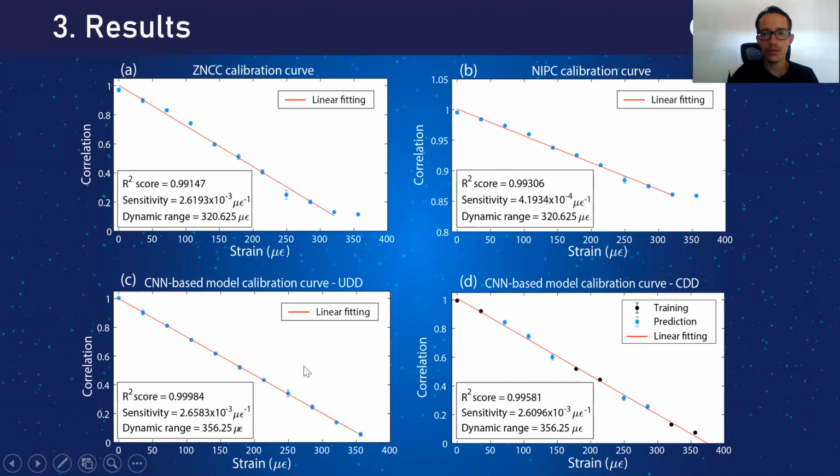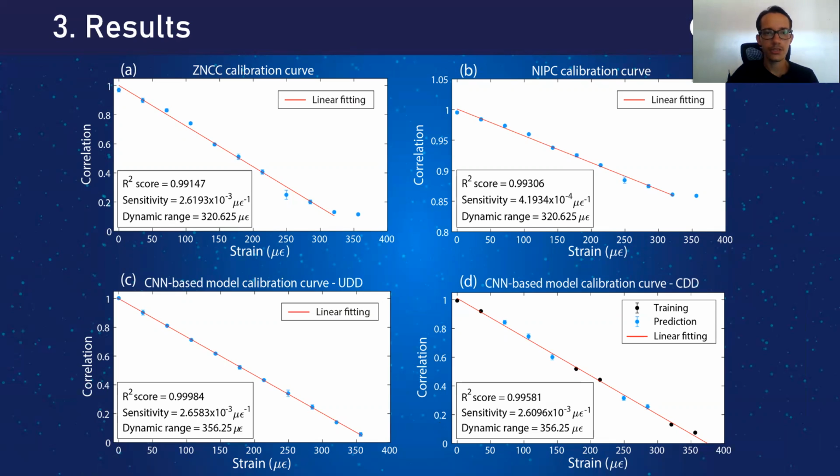In graph C the uniform dataset division was used, and in graph D the concentrated dataset division was used. In all the calibration curves shown here, the linear fitting curve is plotted over the full dynamic range. In addition to the R2 score, the dynamic range size and the resultant sensitivity are shown in all the graphs.